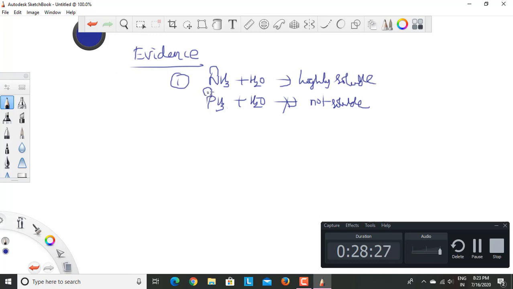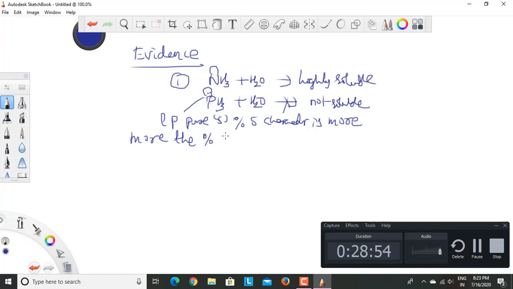If there is no hybridization, here the lone pair, whichever is there in phosphorus, is pure s, meaning the percentage s character is more. We have studied in periodic properties that the more the percentage s character, the more the electronegativity.